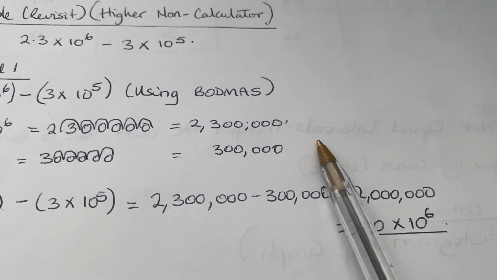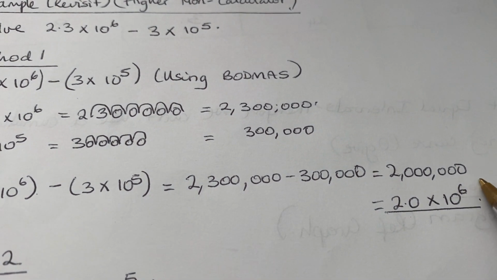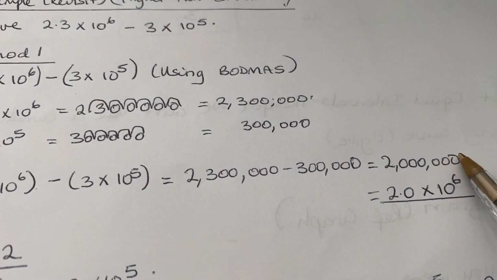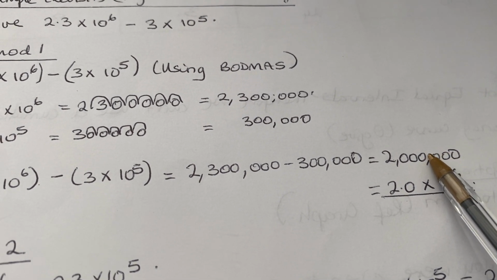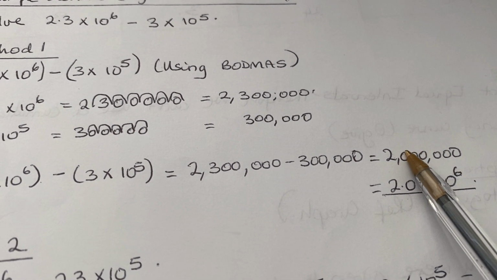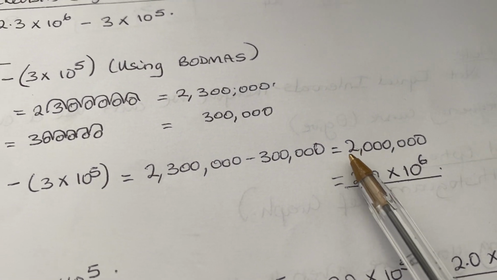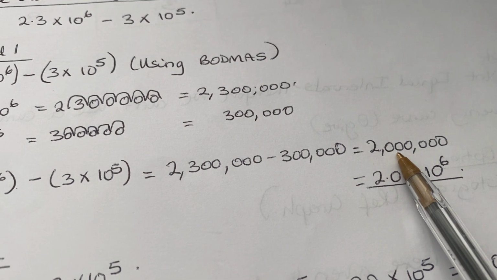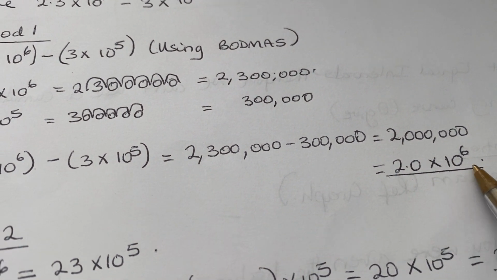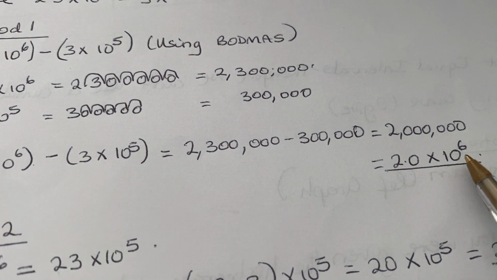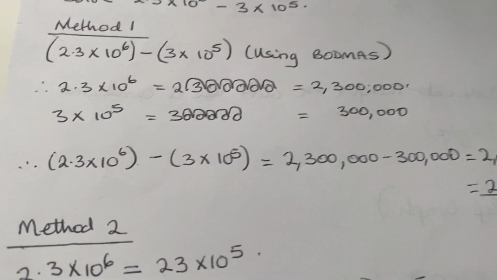Now when you subtract, it's a non-calculator paper, you get 2 million. So now 1, 2, 3, 4, 5, 6. We are leaving our answer in standard form, so it's 2.0 times 10 to the power 6. That will be our answer, which we did in the last one.